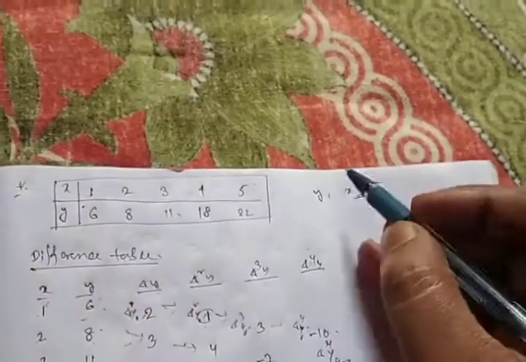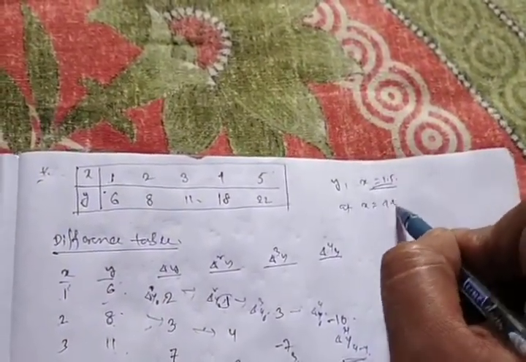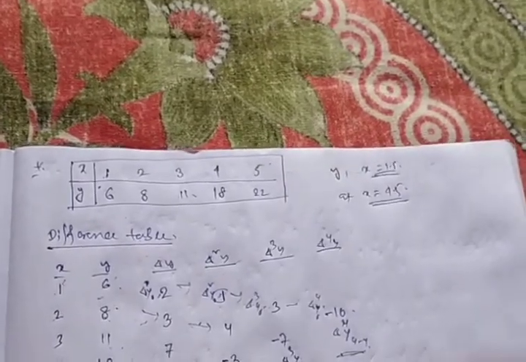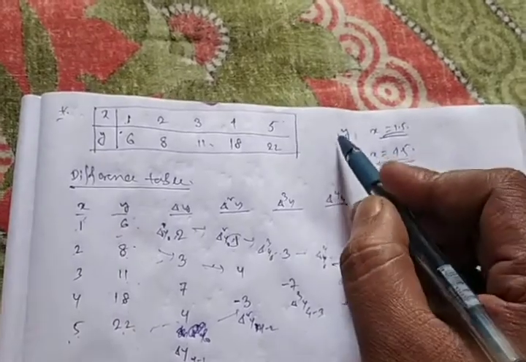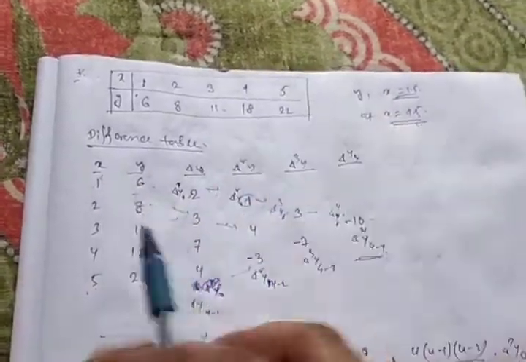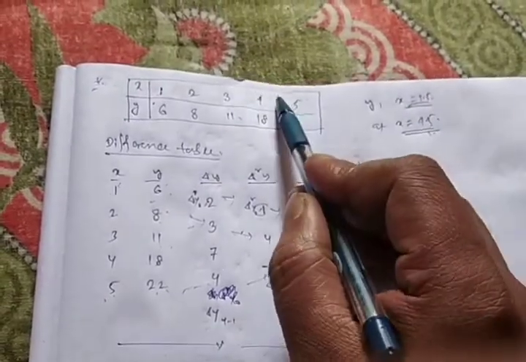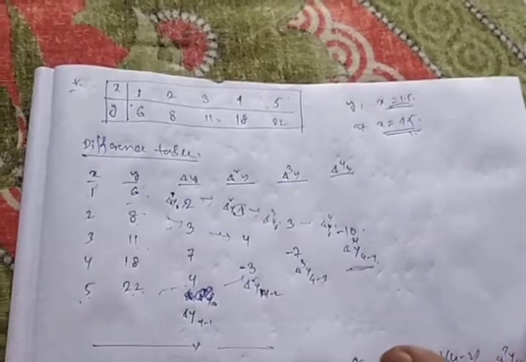Now in the same example, if we have to find y at x equals 4.5, then, as 4.5 lies at the end of the table, we will use the Newton backward interpolation formula.